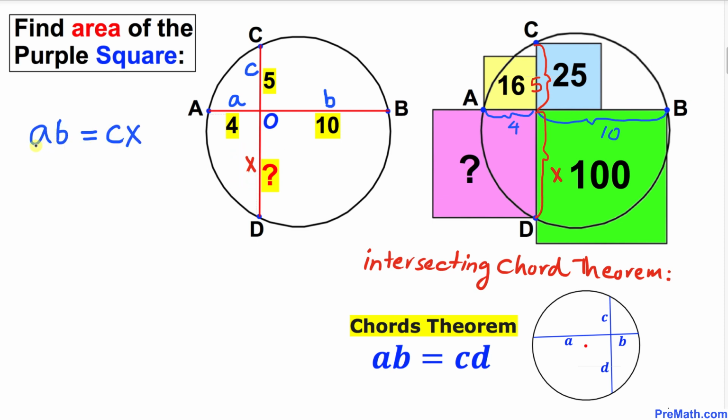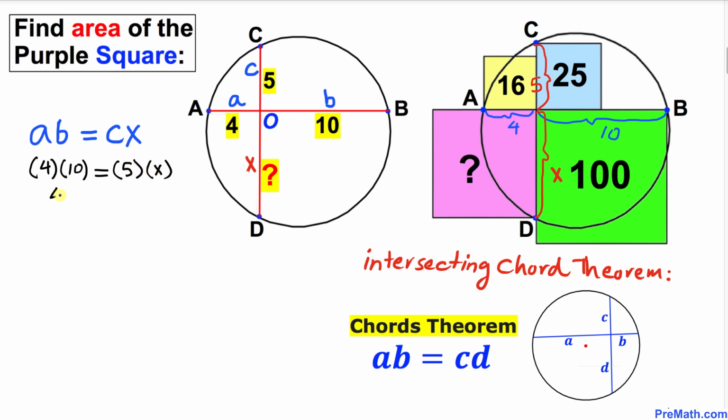And here's our formula: A times B equal to C times X. Let's go ahead and fill in the blanks. In our case, A is 4, B is 10, C is 5, and we are going to calculate the value of X. So we got 4 times 10 equal to 5 times X.